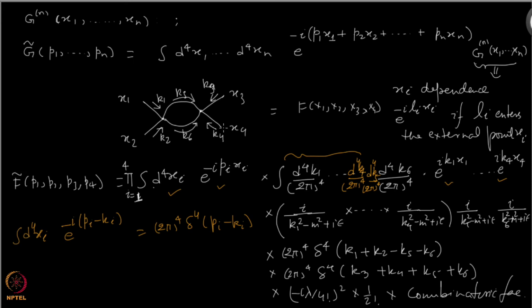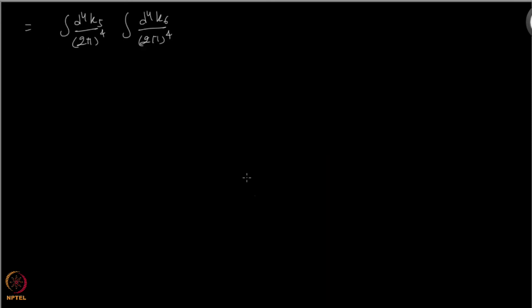So I have 4 factors, and they will be i over p1² minus m² plus iε up to i over p4² minus m² plus iε. Now these do not depend on the variables k5 and k6. In fact, they do not depend on any other variables because these are the externally specified momenta. So I could have just written it like this. I could have written it outside the integral. So maybe I should do that.